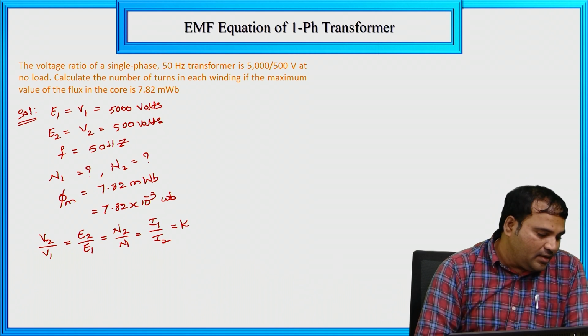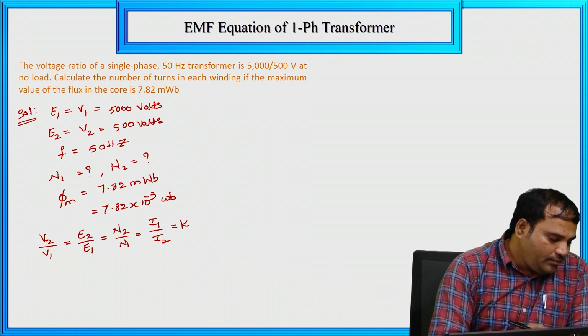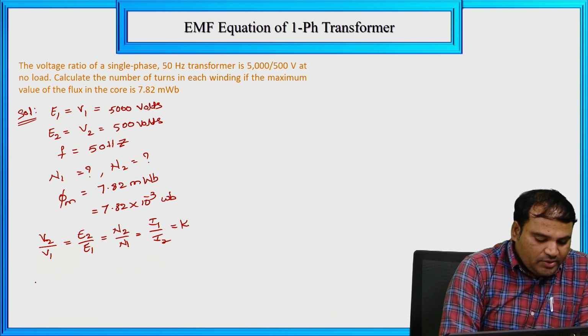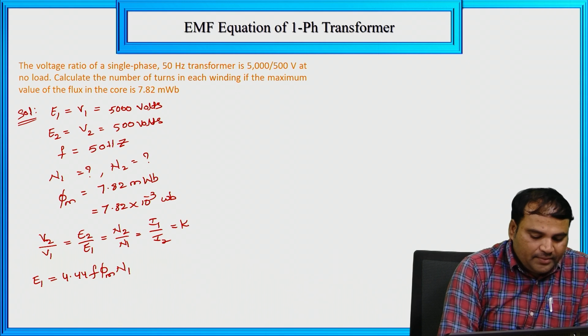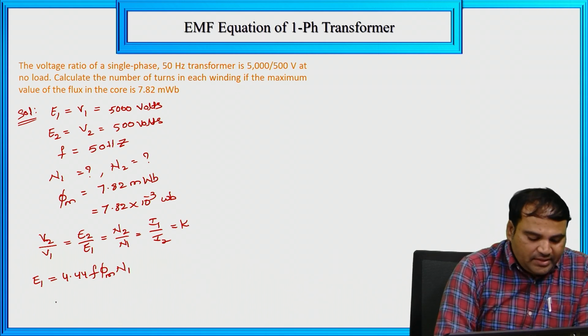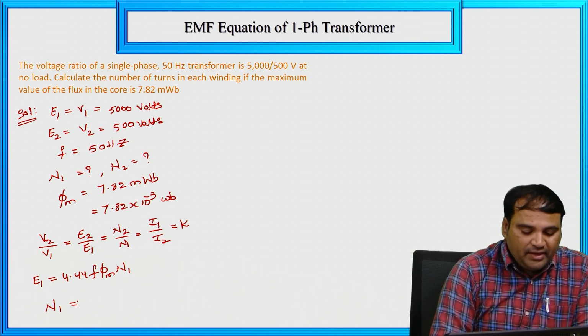So here I am using the primary induced EMF equation, that is E1 equal to 4.44 F phi m N1. Now by using this equation, we need to calculate the N1 value, that is primary number of turns.